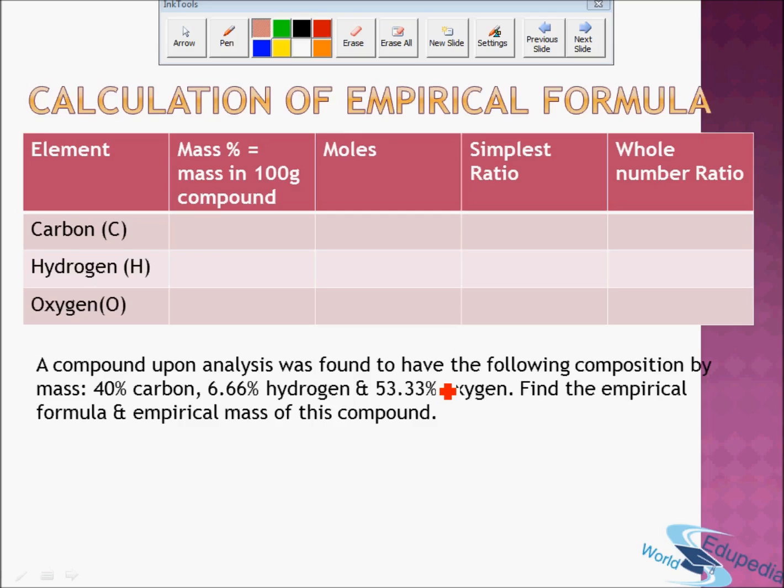So instead of mass percent, what I will assume is that my compound's total weight is 100 gram. Since I have assumed my compound to be of 100 gram weight, I can directly write that the mass of carbon with me is 40 grams.